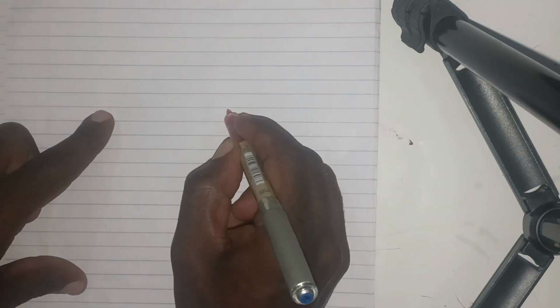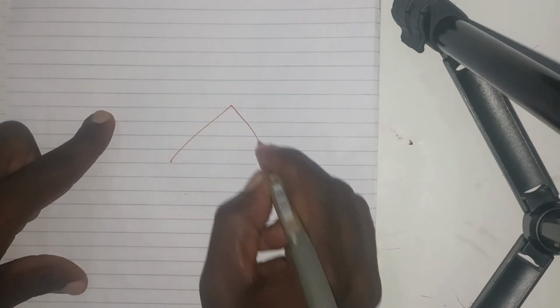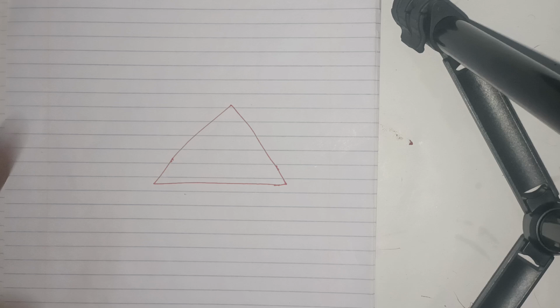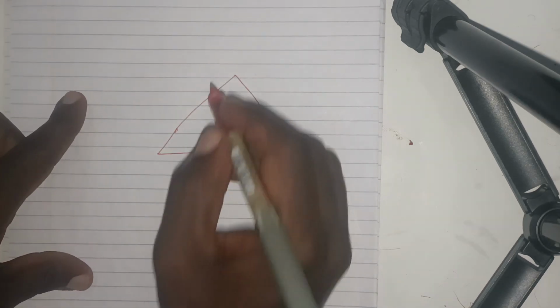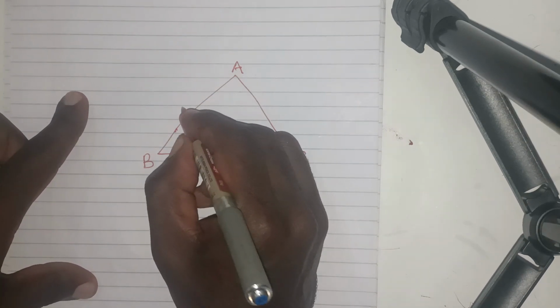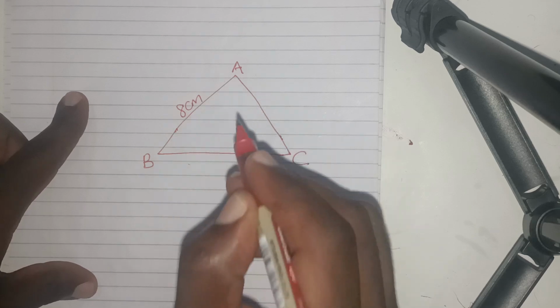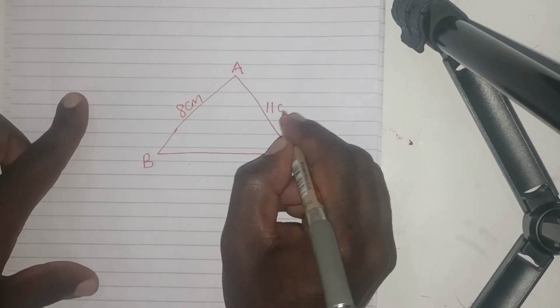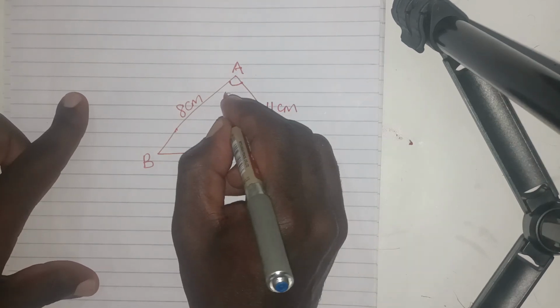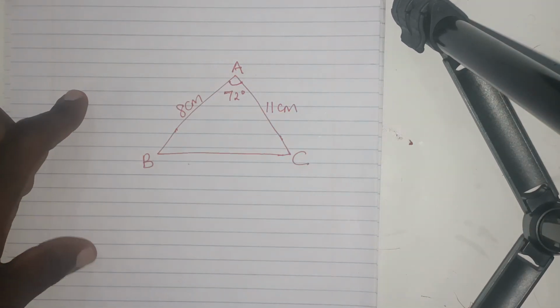So I'll first introduce to you the diagram, which is a triangle that I have been given in the question. The triangle has the following sides: side A, side B, and side C. I'm told side AB is 8 centimeters, side AC is 11 centimeters, and angle BAC is 72 degrees.